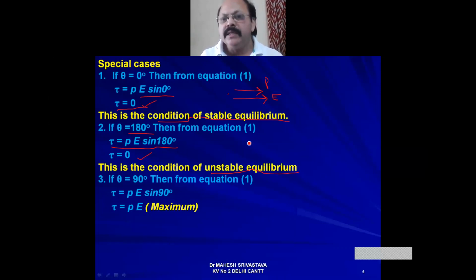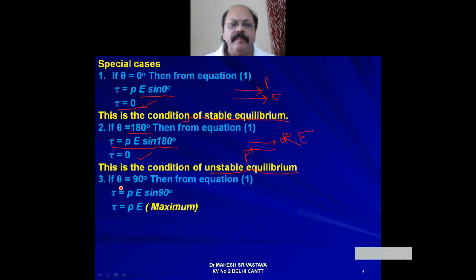But here the electric field and the dipole are in opposite directions. That's why we say it is an unstable condition. So P and E are in opposite directions.